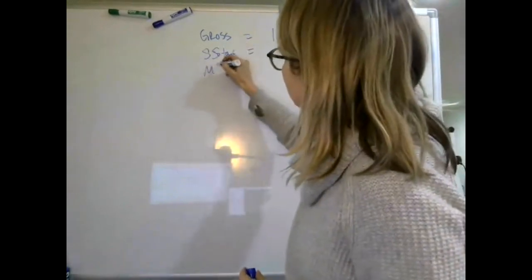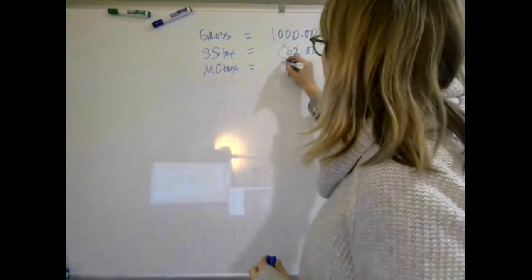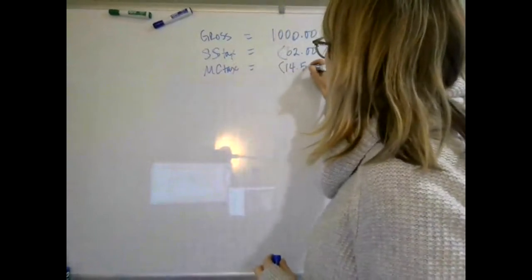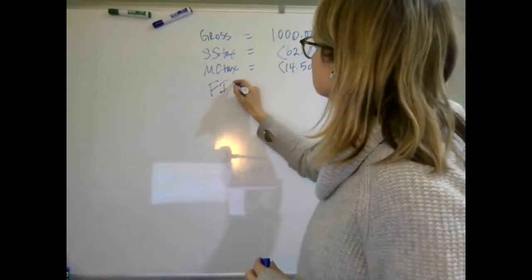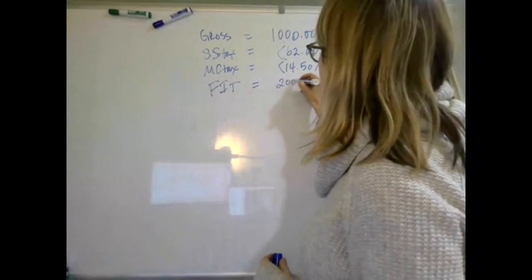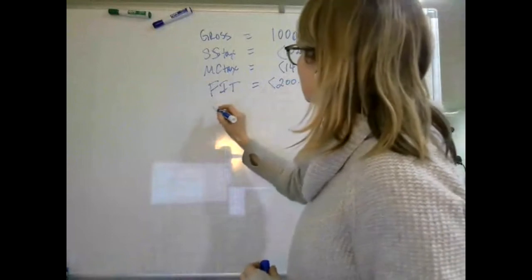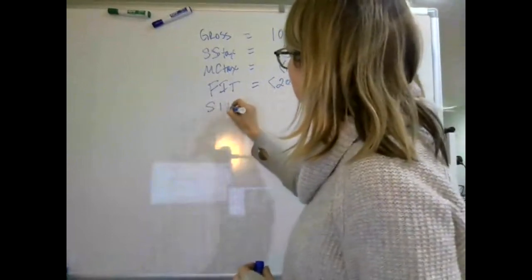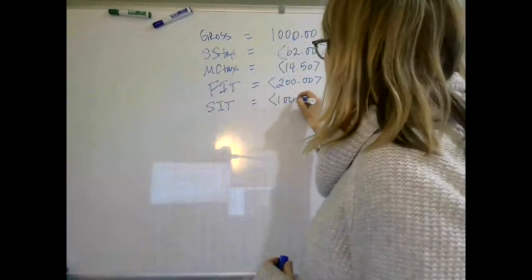We have Medicare tax that was withheld of $14.50. Got federal income taxes of $200, and state income taxes of $100.